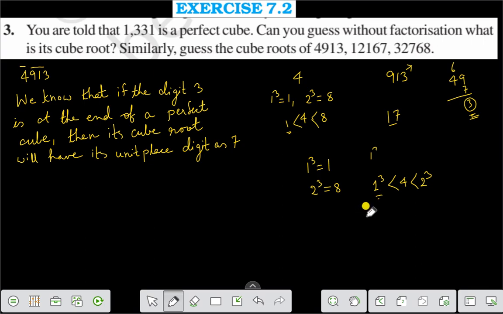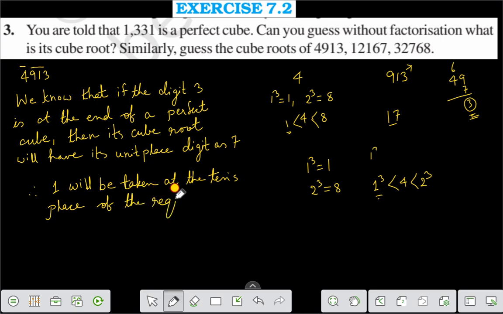Therefore, 1 will be taken at the tens place of the required cube root.